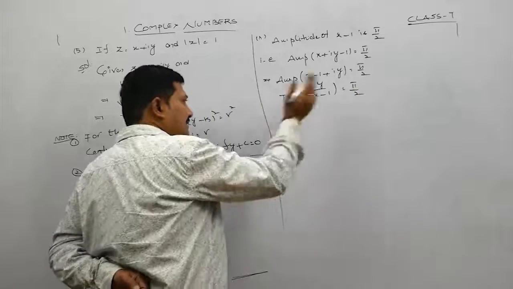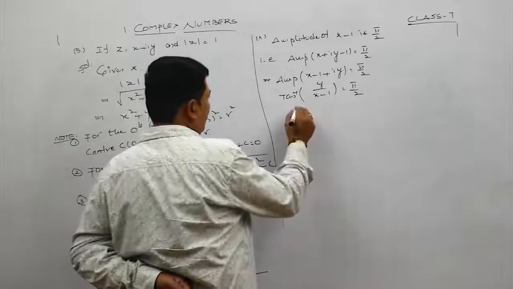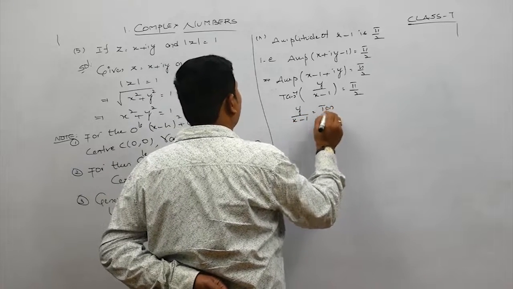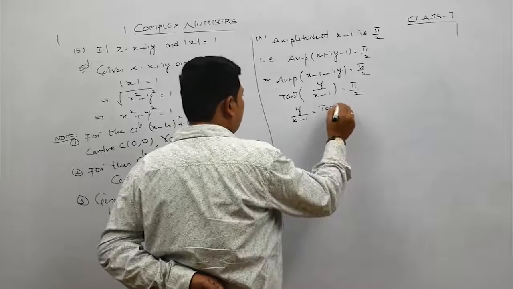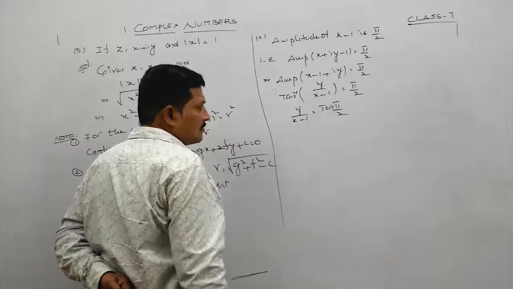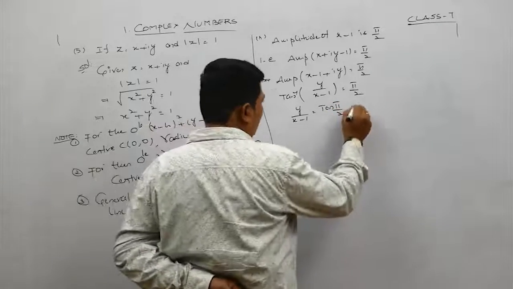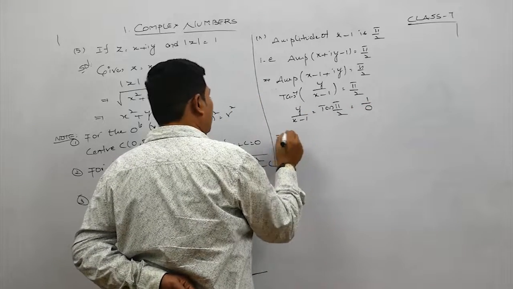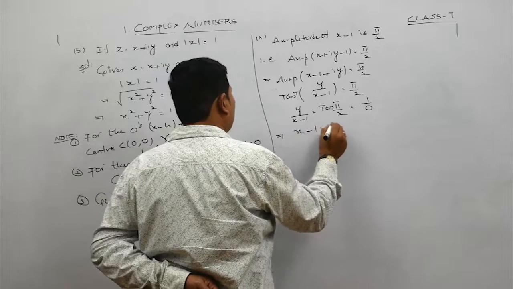Now take this inverse trigonometric function to the right side. So y by x minus 1 is equal to tan pi by 2. Tan 90 is equal to 1 by 0. So do cross multiplication here, which implies x minus 1 is equal to 0.